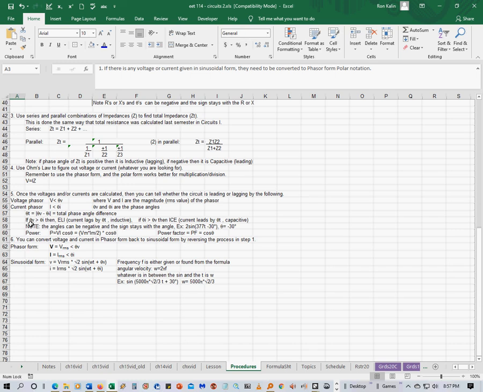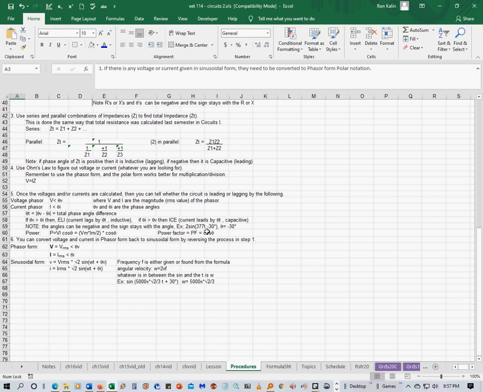If theta V is greater than theta I, then it's ELI, meaning the current comes after the voltage. Current lags by theta T, it's inductive. If theta I is greater than theta V, then it's ICE. Current leads by theta T, capacitive. Note, the angles can be negative and the sign stays with the angle.